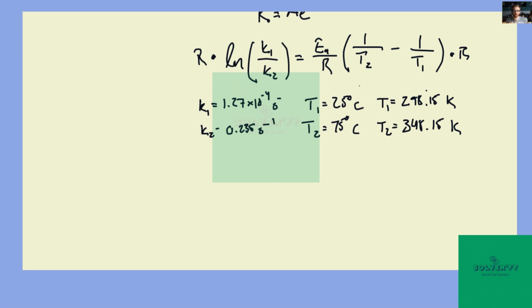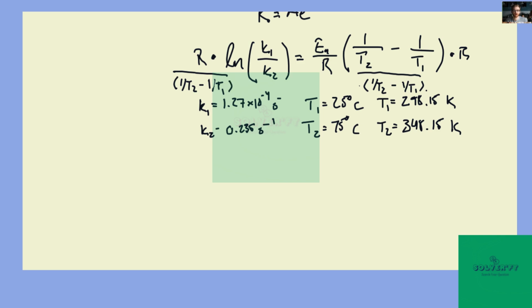So divided by 1 over T2 minus 1 over T1. I'm going to divide this side also by 1 over T2 minus 1 over T1. This is supposed to be a 1. Clean that up a little bit. That should just be a 1 over T1.